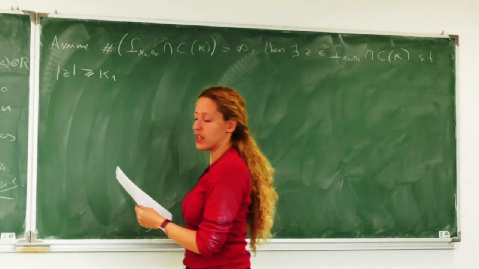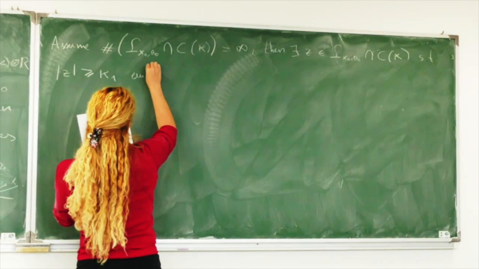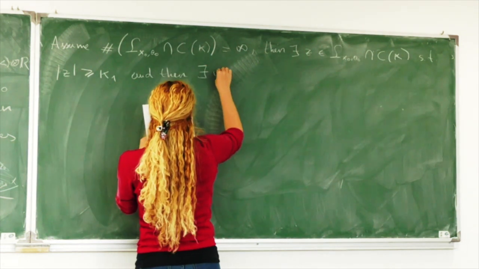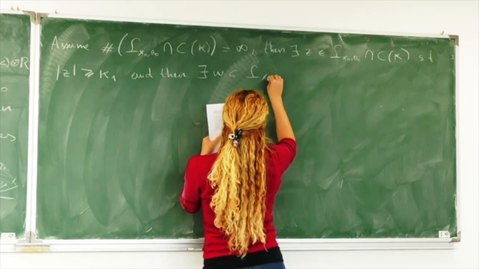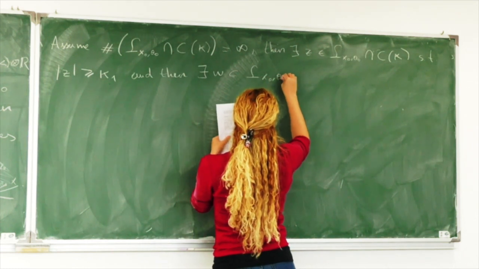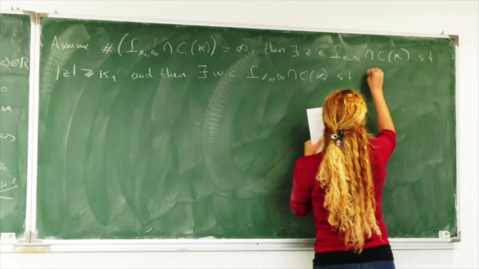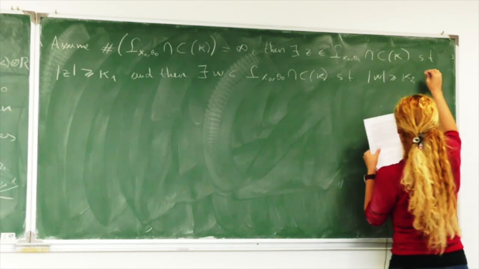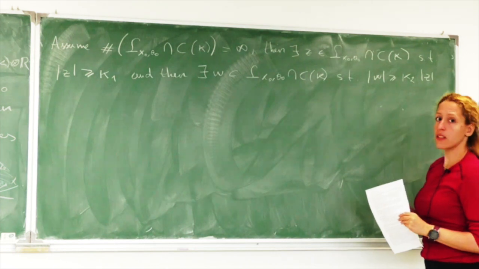And then we can find w in the same set, because it's an infinite one, such that the norm is greater or equal than kappa 2 times the norm of z.